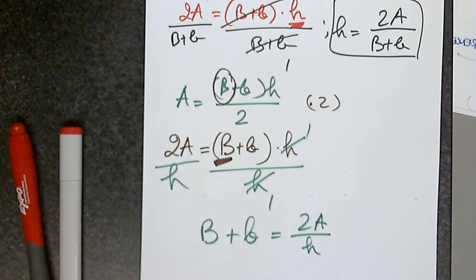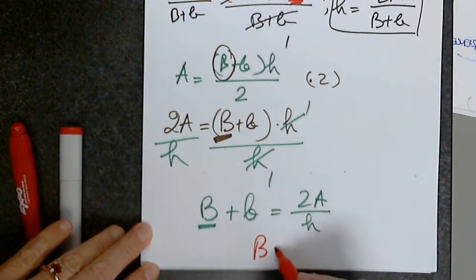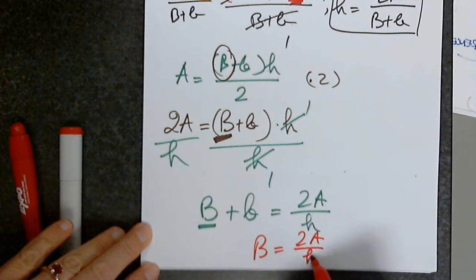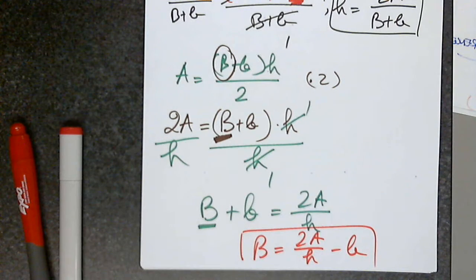Remember, we are solving for uppercase B. What would be the last step? Getting uppercase B alone on one side. Subtract lowercase b. Very good. So B equals 2a divided by h minus b. Did we solve for uppercase B? Yes, that was the target.